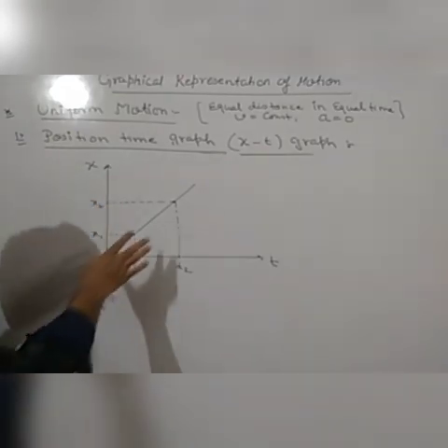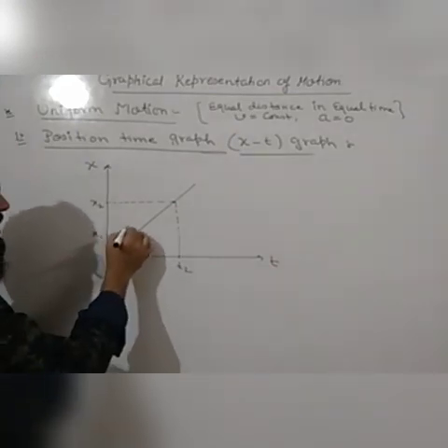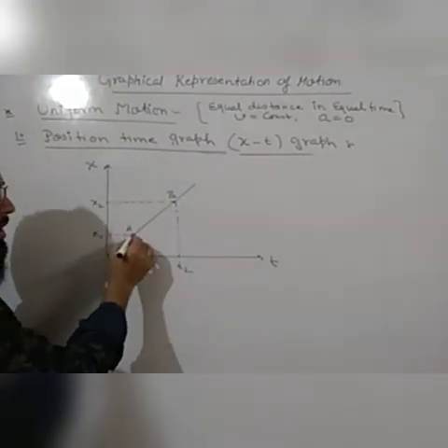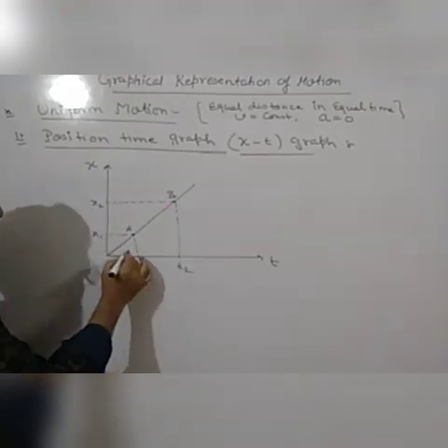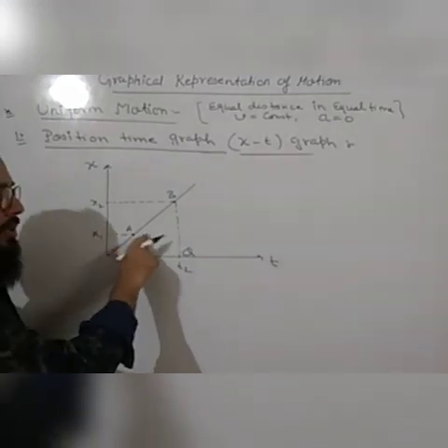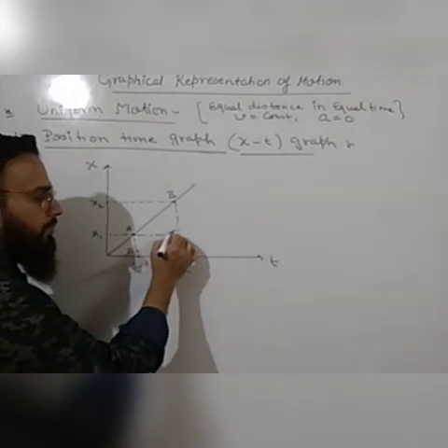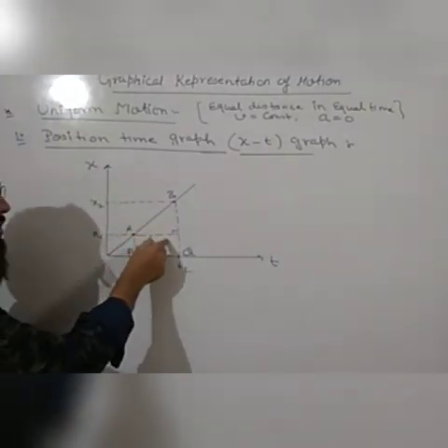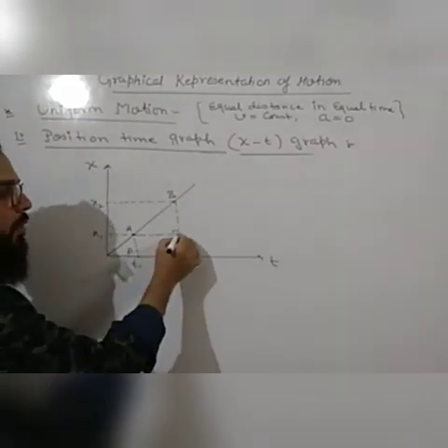Now, if I consider this point as A and this point as B, and draw a perpendicular from A on this line, let us consider these points as P and Q. If a perpendicular is drawn on BQ from A, let us consider this point as C.